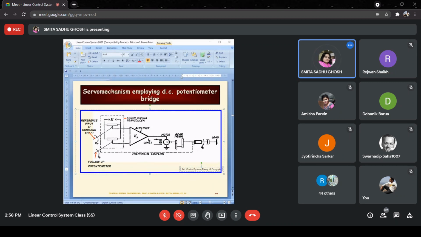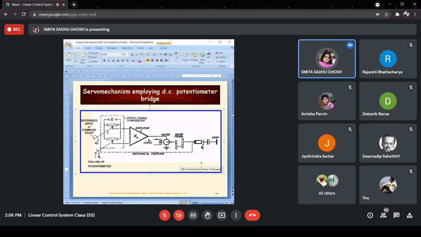Now, this output shaft, or load shaft as we call it, is connected via a mechanical coupling to the pointer of the potentiometer. Under the situation in which theta c becomes exactly equal to theta r, what will be the voltage generated at the output side?